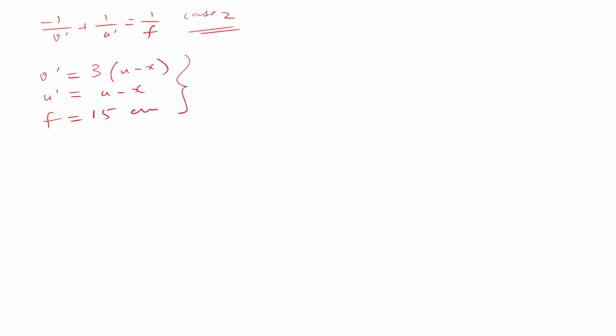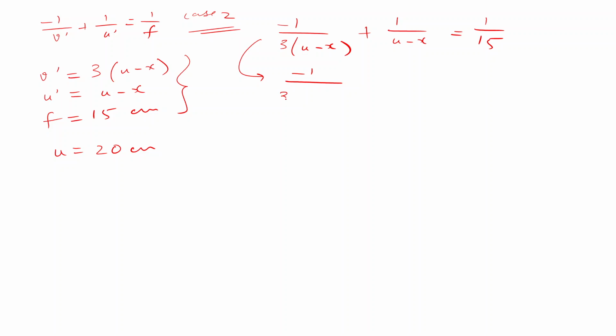Putting all this information in the lens maker formula, we will get minus 1 over 3 times U minus x, and this U we know is 20 centimeters. Okay, so this is U minus x is equal to 1 over 15. Now I'll substitute the value of U also, minus 1 over 3 times 20 minus x.